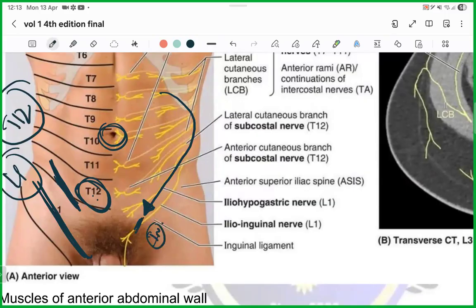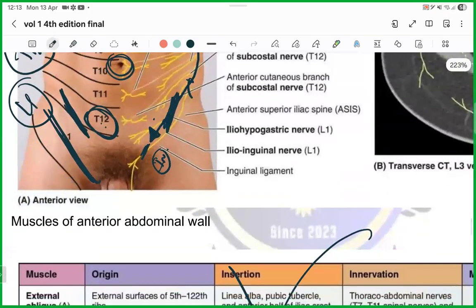Now, when you give an incision for appendicectomy or hernia repair, it's very common to injure this nerve. You will give an incision in this area. So if you have injured it, what will be the signs? It supplies your anterior scrotal skin, so you will have no sensation at the anterior scrotal skin.